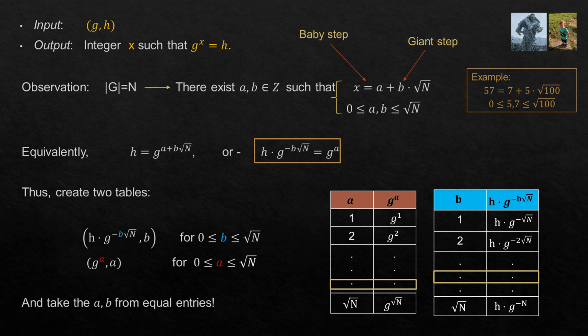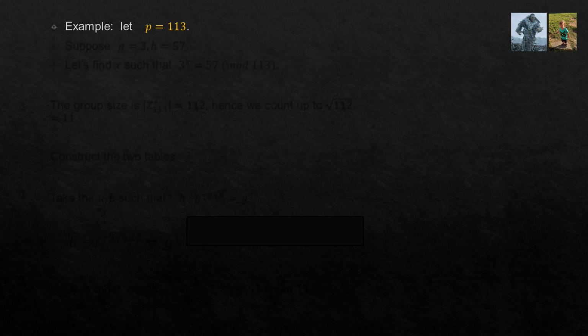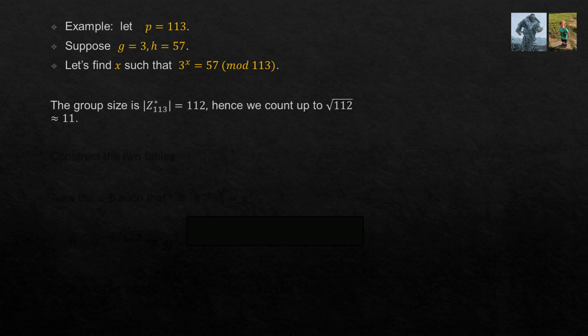So let's try to make this clearer with an example. We consider a small prime, 113, and g is equal to, say, 3, and h is 57, and let's find the discrete log. So the group size is 112, the square root of which is roughly 11.